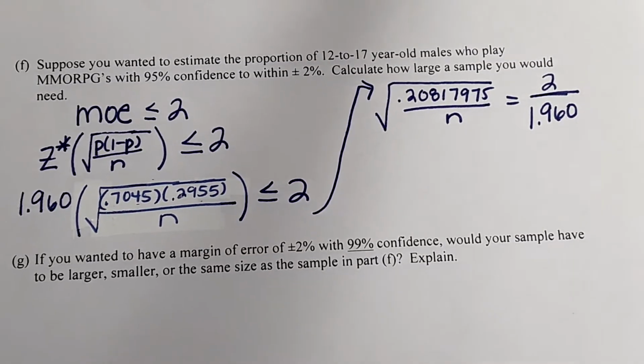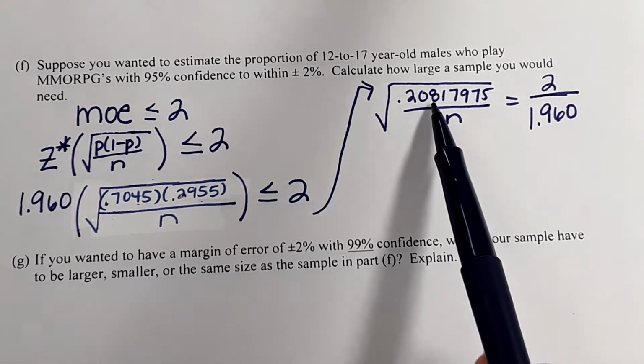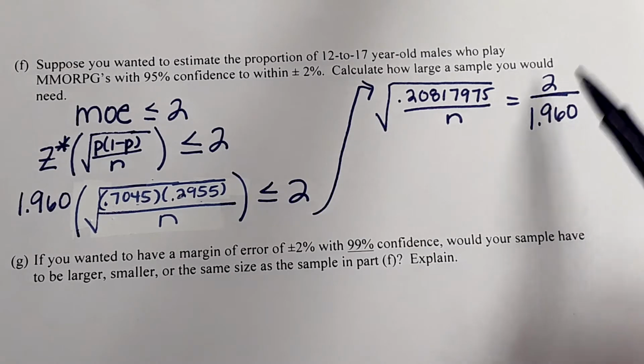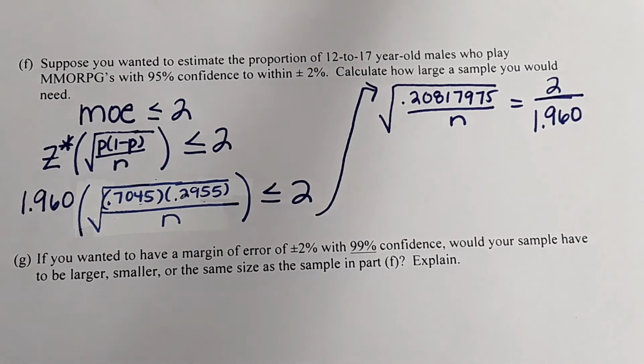Let me tell you what I did. I multiplied this times this to get this. And I did divide this, but I decided to wait for a second because I don't want to write all those numbers down, and I also don't want to round because I want to be as close to that sample size as possible, okay?